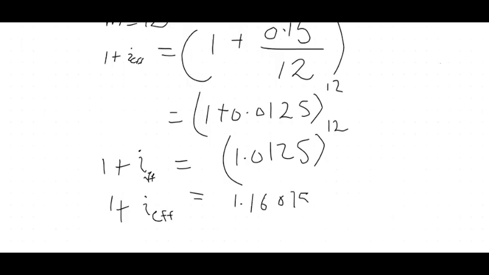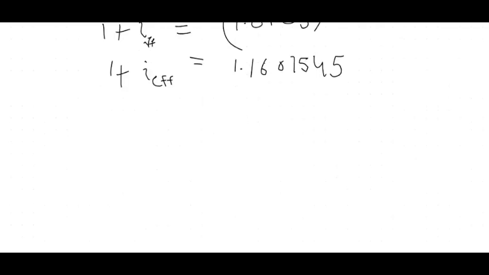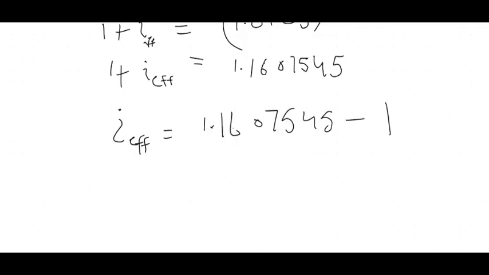Now we take 1 over there, and it becomes minus 1. So I equals 1.1607545 minus 1, which is about 0.1607. So we say I effective is approximately 0.1607.